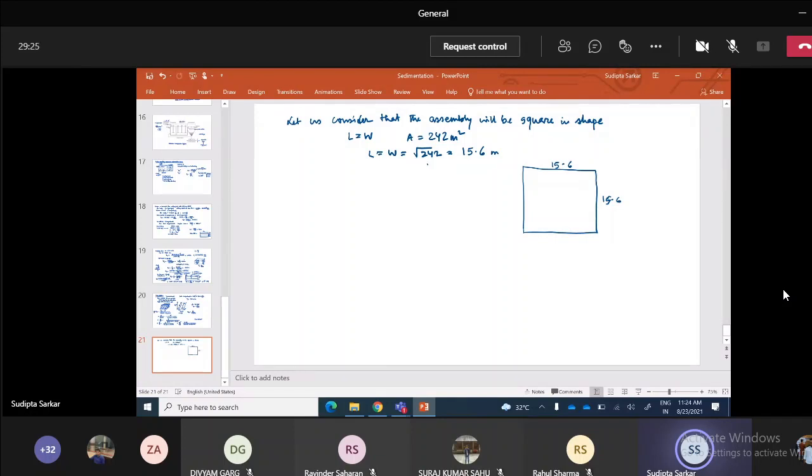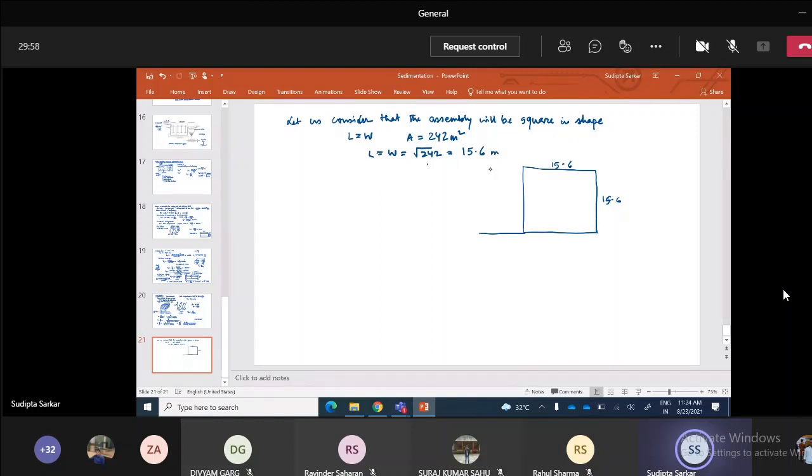Then you have to have about 20% extra space for providing the inlet of water and all. So let me take 25% extra space. This will add extra space here.